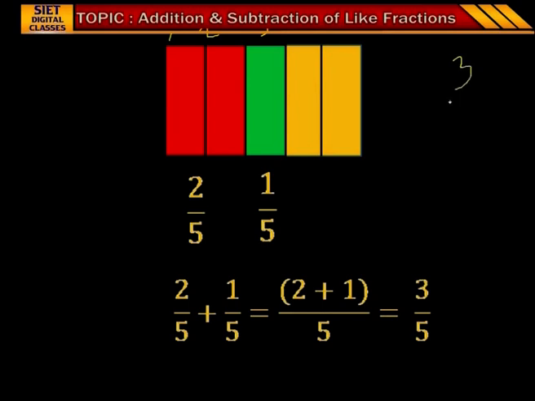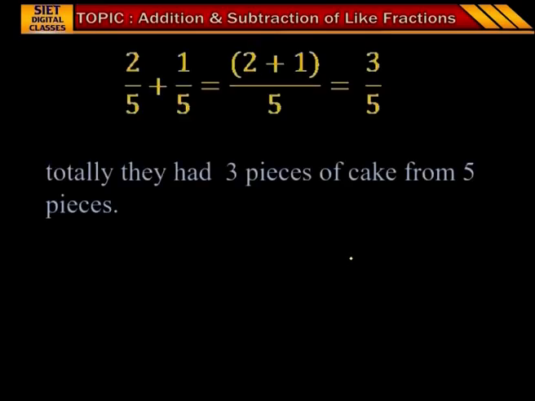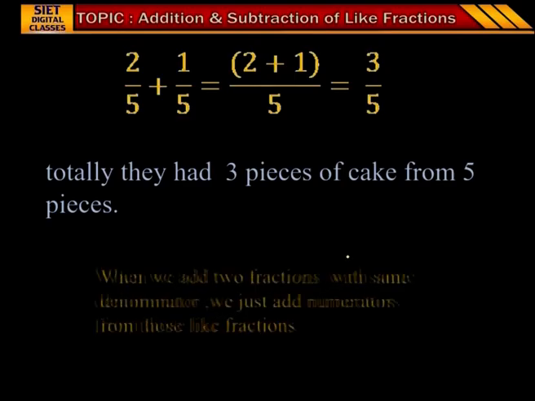So 3 out of 5 are eaten by both Rahana and Samir. So 3 by 5 is the resultant fraction by adding 2 by 5 and 1 by 5. Understood? So totally they had 3 pieces of cake from 5 pieces, right?